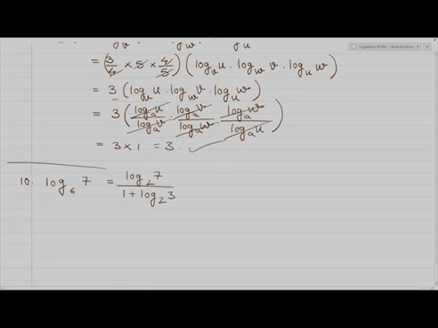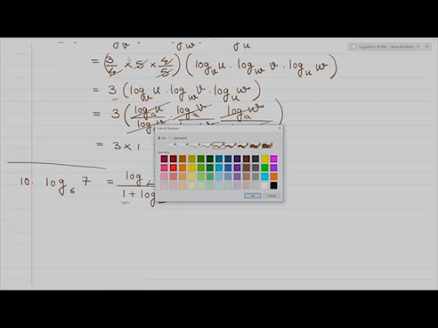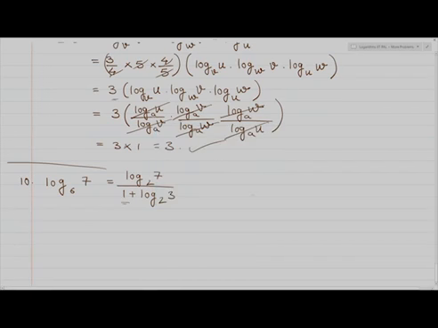How will you do this? One way is to write 1 as log of 2 to the base 2. That is one way to answer this. Another way, which can be more intuitive, is you can actually start with LHS and try simplifying LHS.